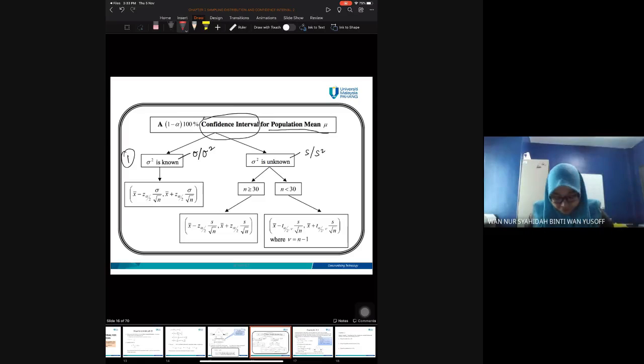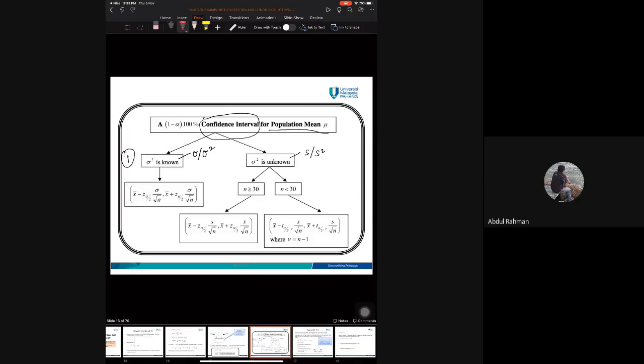Why do we use known? It means that we use sigma here in our calculation. So why do we use sigma in our calculation? Why don't we go to the S?